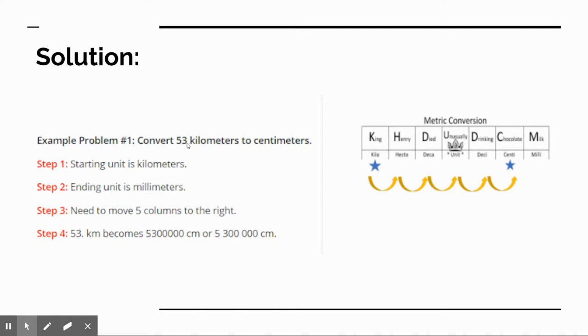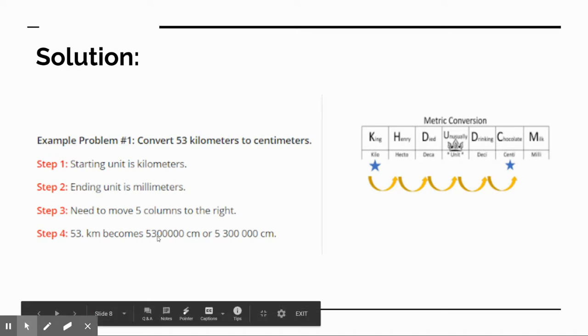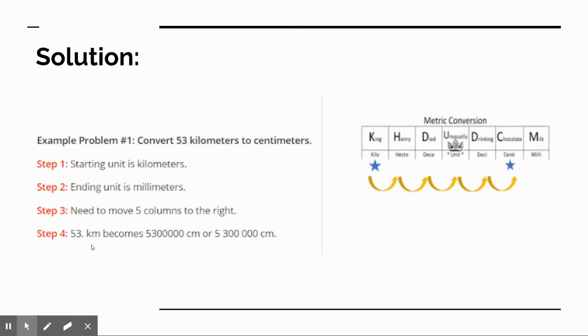If I move that decimal place over 5 spots to the right, 1, 2, 3, 4, 5, wherever there is a half circle down below, because I'm moving it, you put a 0 there, and it becomes 5,300,000 centimeters.